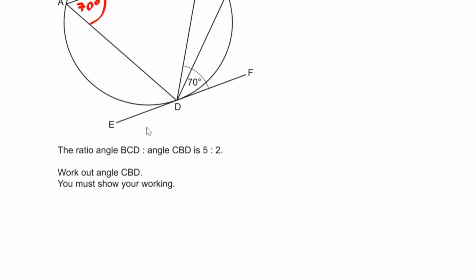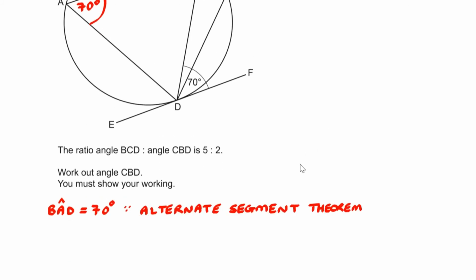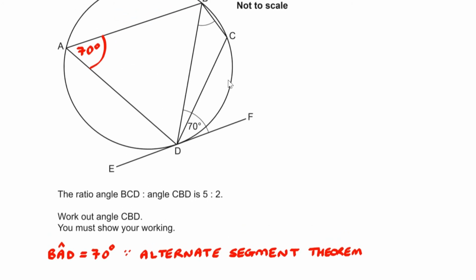So the angle BAD is also equal to 70 degrees, and that's because of the alternate segment theorem, from which we can find out what this angle BCD is.